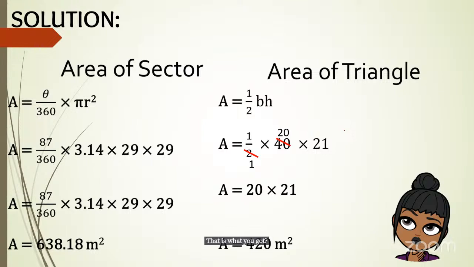Miss, I got both of them. Awesome. So for the sector, you would have gotten 638.18 square meters. And for the area of the triangle, you would have gotten 420 square meters.